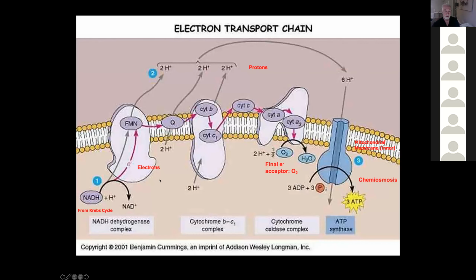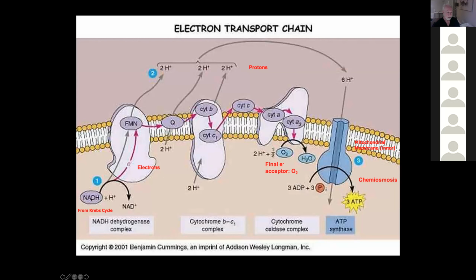Now this shows it more graphically with a membrane, with these proteins that are embedded in the membrane. And these contain the carrier molecules, the electron carriers.